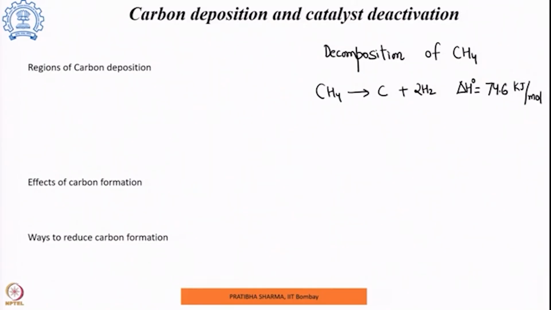Another reaction which can lead to coke formation on the catalyst is disproportionation of carbon monoxide.